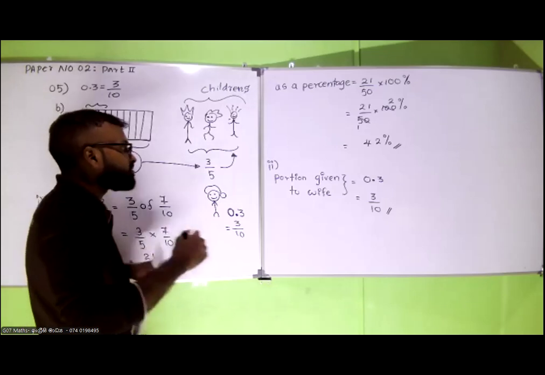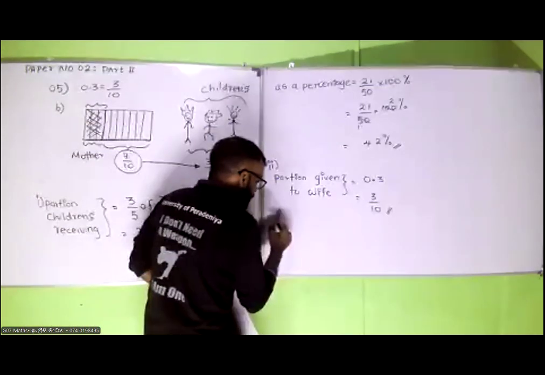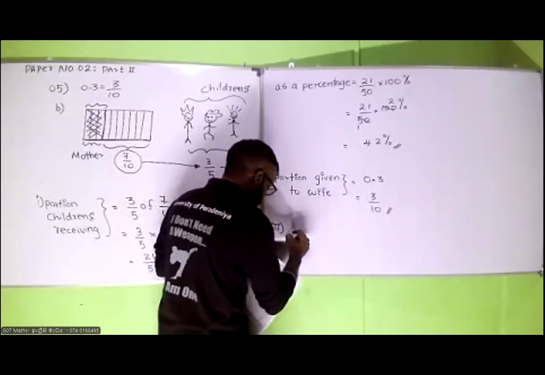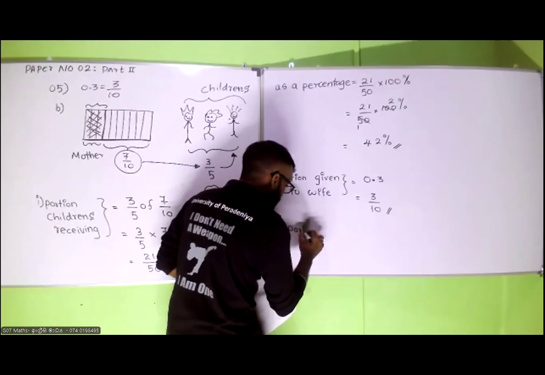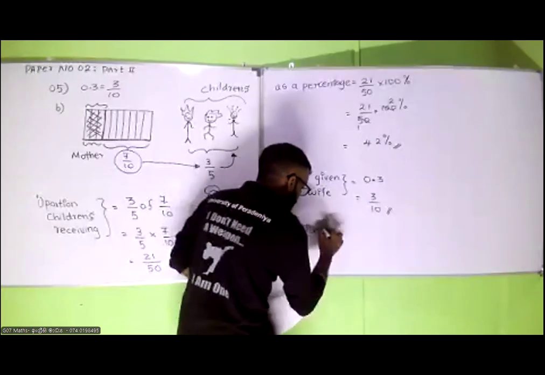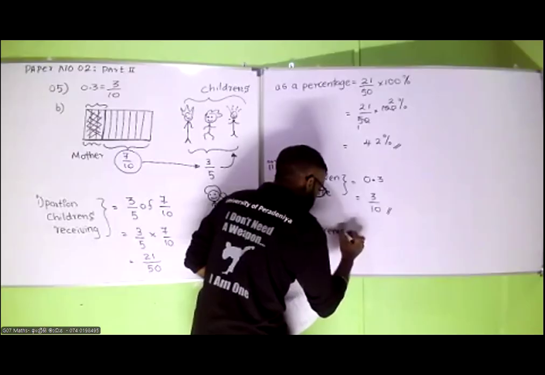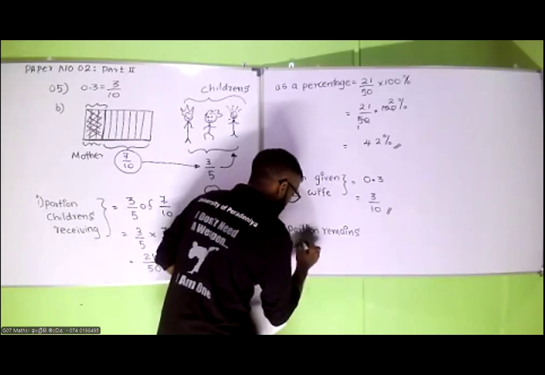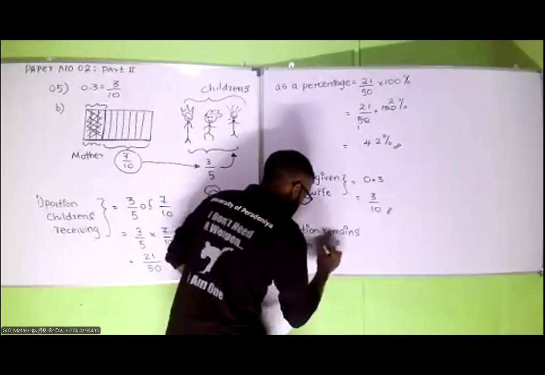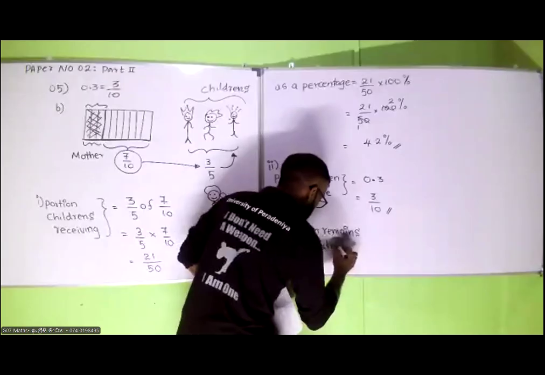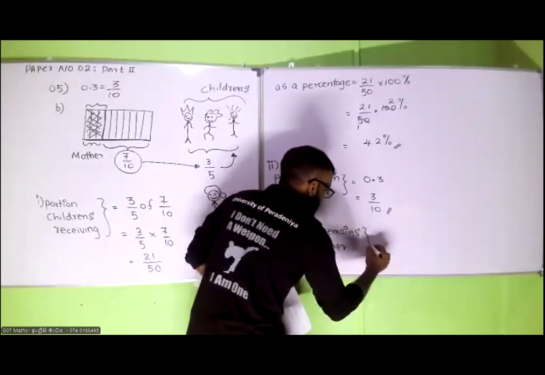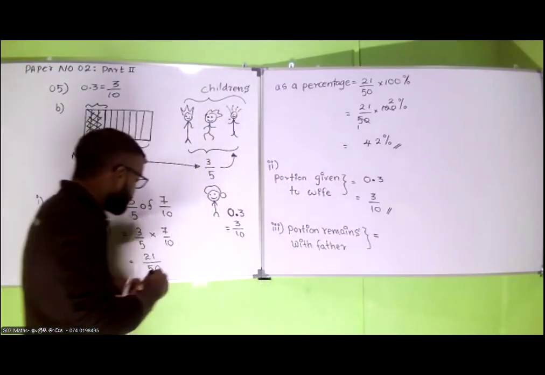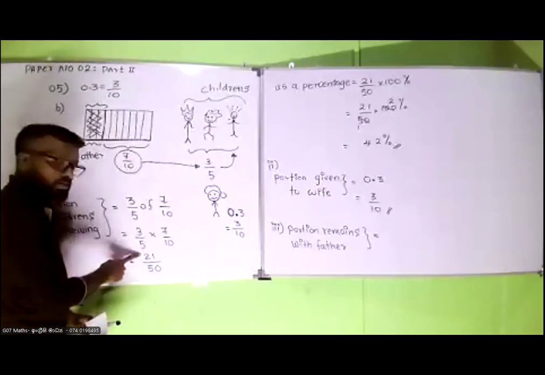So how are we going to find it? Here we have 21 parts out of 50.